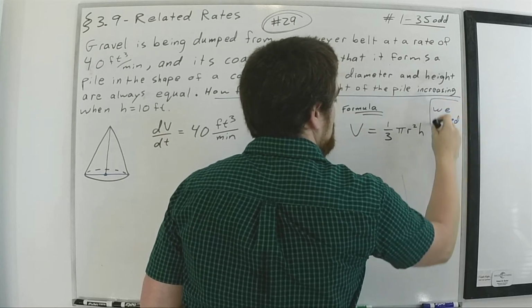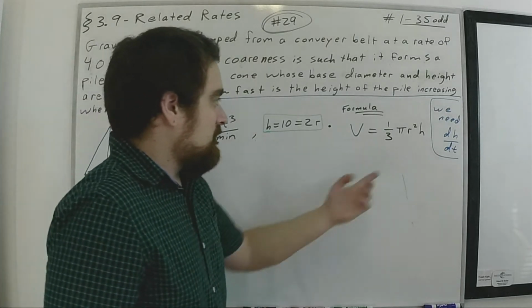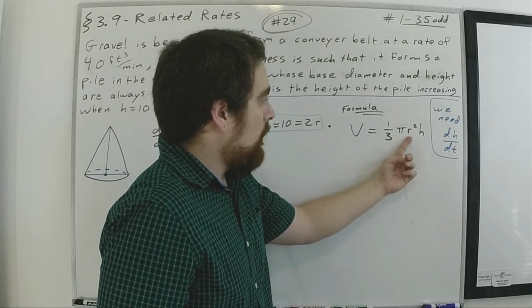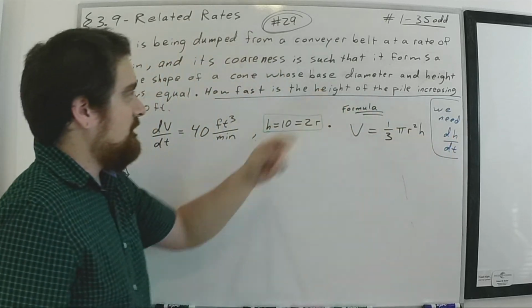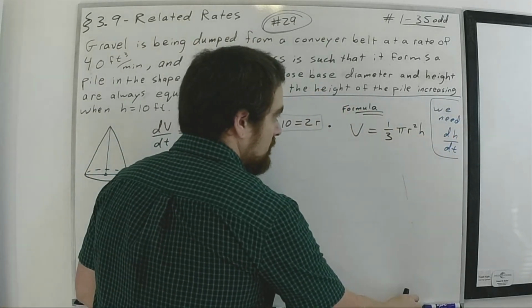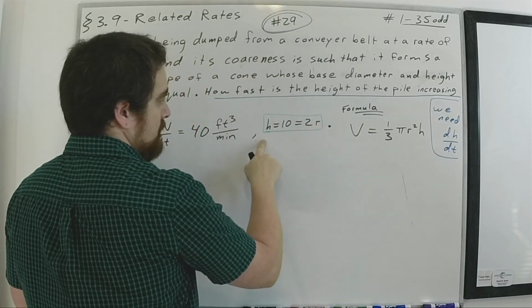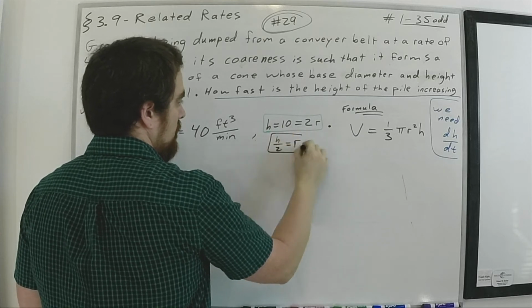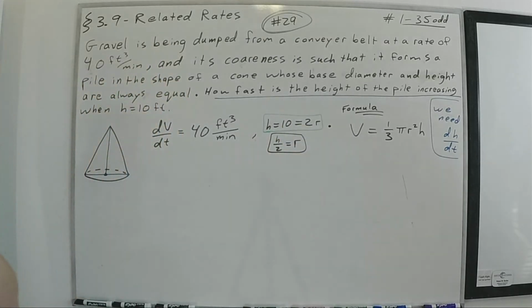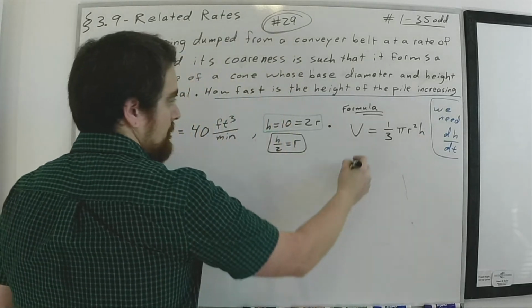So it makes no sense for me to convert this in terms of all r's because I don't want dr dt at all. I want the change in the height, dh dt. So I'm going to do it the other way. I'm going to look at r as h over 2. And I'll do that instead, just because that relationship will leave everything in terms of h.